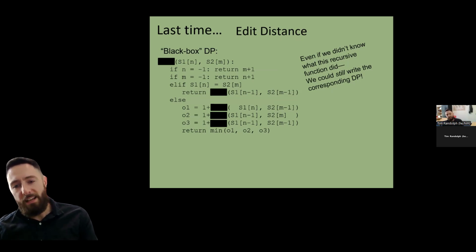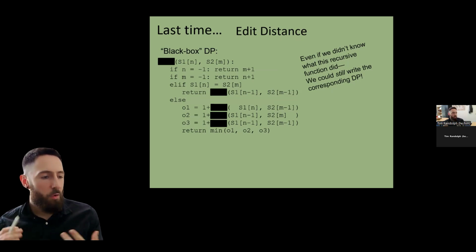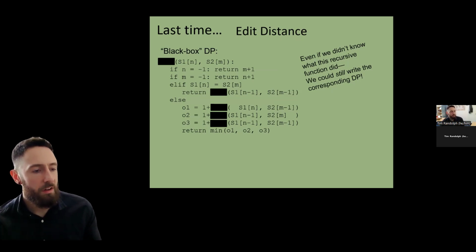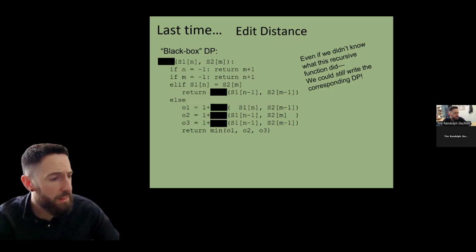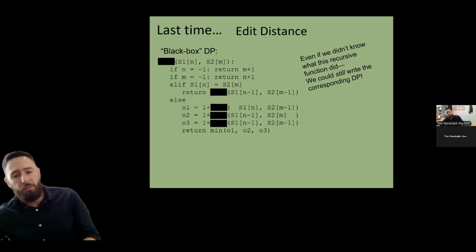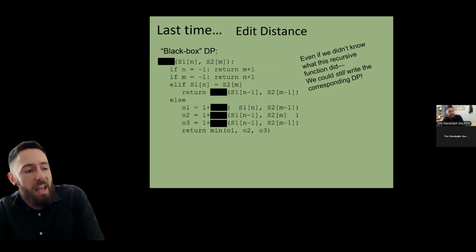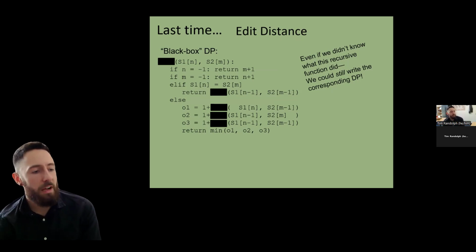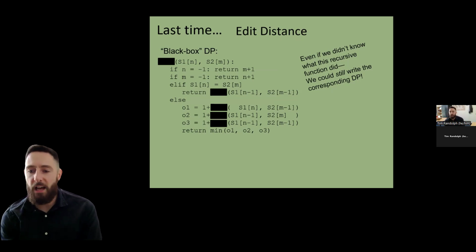The reason I've blacked out the name of the function is because I want to emphasize that once we know a recursive solution for our problem, once we've written down pseudocode like this, we can create a DP solution without having any other knowledge about what the problem is or how it works. With just the information that's currently on this slide, you could build a 2-dimensional DP table to solve this problem.